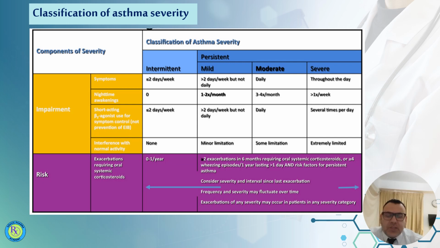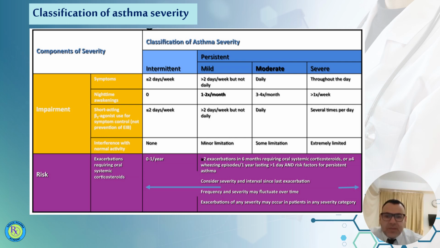Regarding classification of severity, asthma can be classified into two main groups, which are intermittent and persistent. Intermittent means that it can come and go, but persistent means the symptoms regularly happen with the patient.